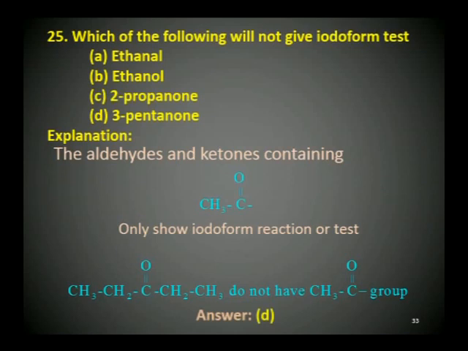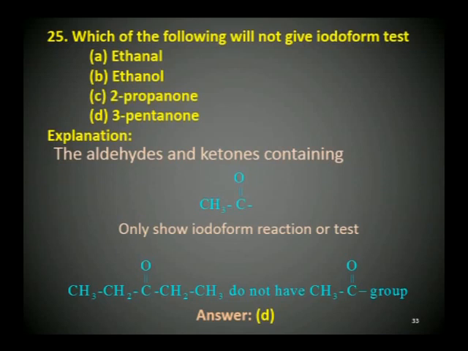Now, you may have a doubt about why B, ethanol, is also showing the iodoform reaction. Ethanol, when oxidized, produces acetaldehyde. Acetaldehyde has a CH3CO group, which shows the iodoform reaction.